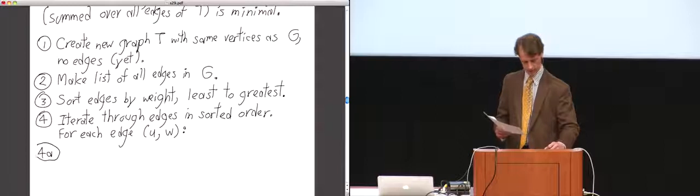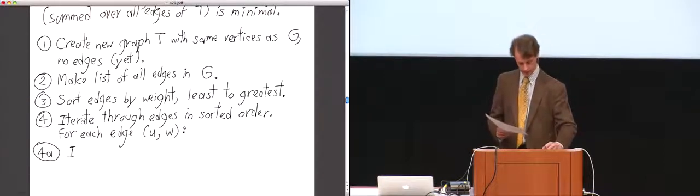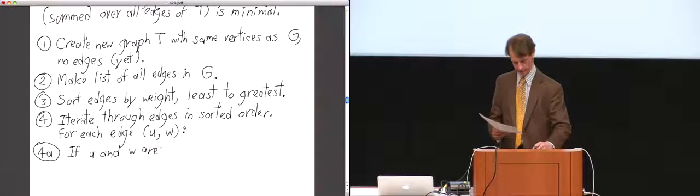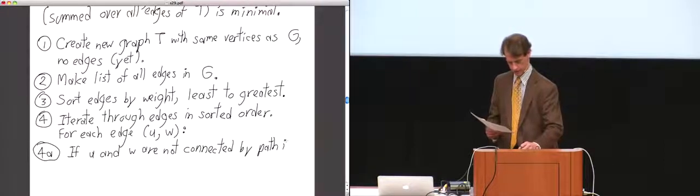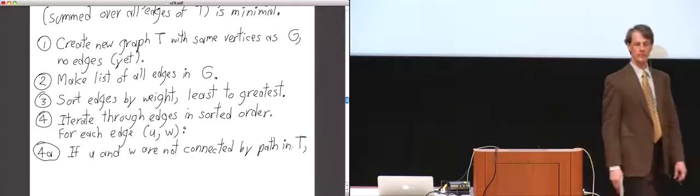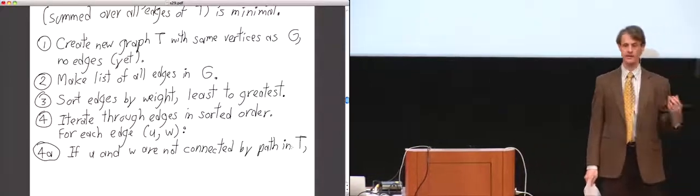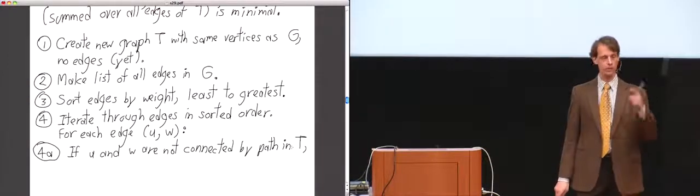And now here's the inner loop that makes everything work. For A, we have to check whether or not U and W are already connected by a path. If they're already connected by a path, I don't want to add the edge UW because that will create a loop.